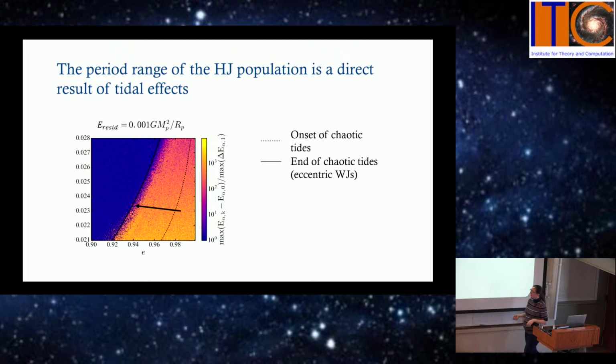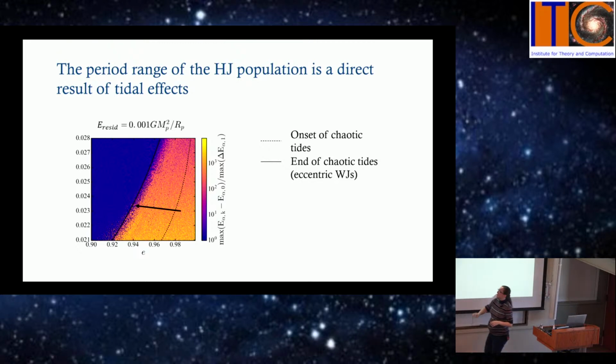So here, this dashed line was a dark line earlier. This is when the process starts, when the planet starts with no oscillations. That's the threshold for where chaotic behavior can occur. And then once you already have some energy in the oscillation, it's actually easier to sustain this behavior.